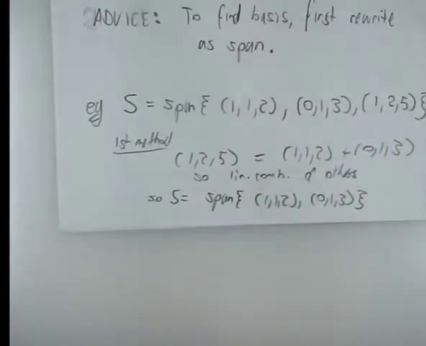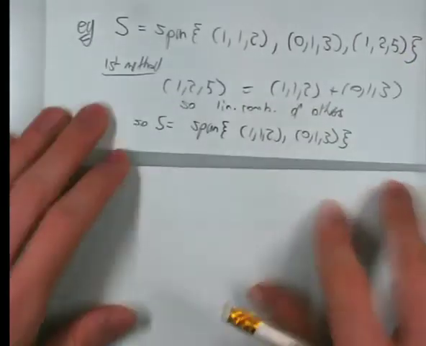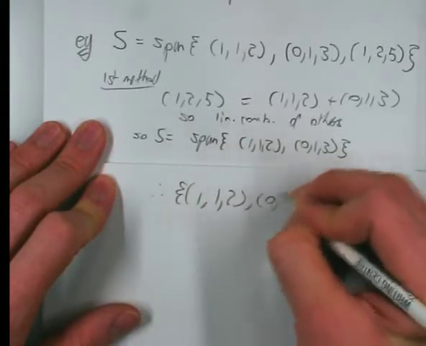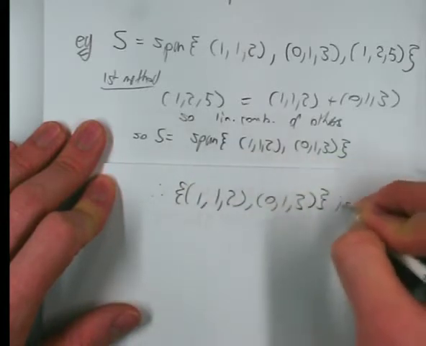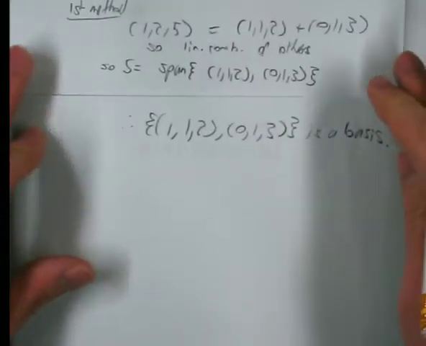And now they are independent because they're not multiples of each other, and so that's it. And so my final step would be therefore 1, 1, 2 and 0, 1, 3 is a basis. And that would be a perfectly acceptable solution in an exam.